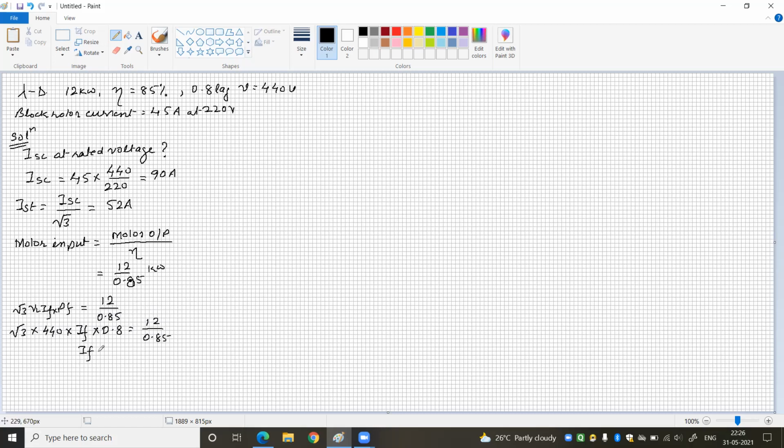Therefore, the full load current is equal to 23 ampere. Now we want to calculate the ratio of starting current to the full load current. Starting current to full load current is 52 divided by 23, which equals 2.25.